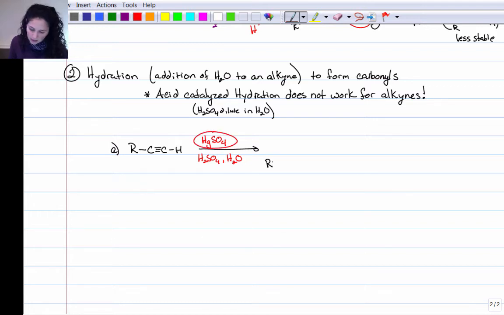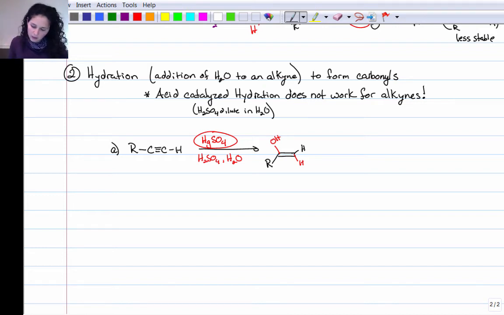Now, as you would expect, you would get an alcohol, or you get OH added to one carbon and a hydrogen added to the other carbon, and this is not a stereospecific reaction, so I could draw the hydrogen up or down, it doesn't matter.